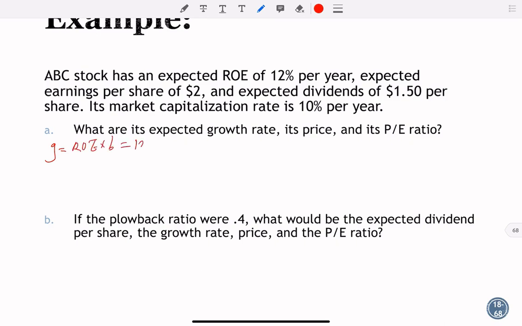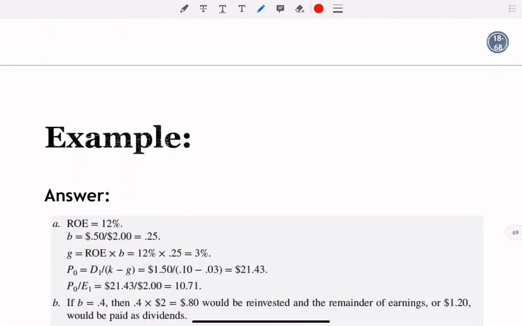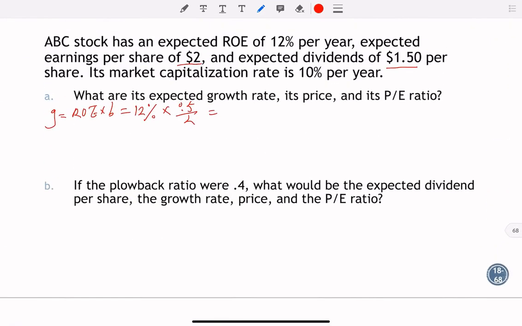ROE is 12%. So what's the plowback ratio here? Earnings per share is $2, and dividends are 1.5. This implies the firm would invest 50 cents into new projects. So the plowback ratio is 0.5 divided by 2, which gives us 25%, so G is 3%.